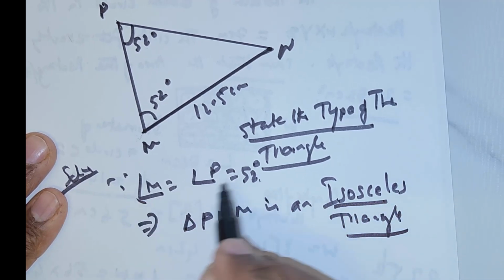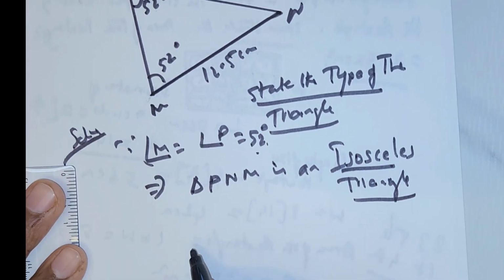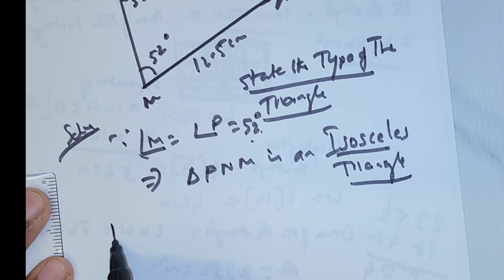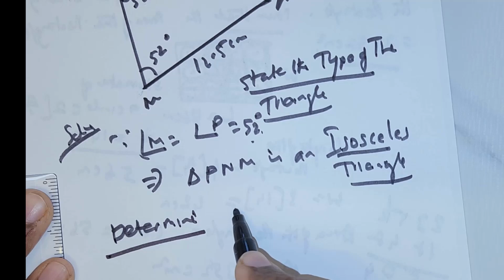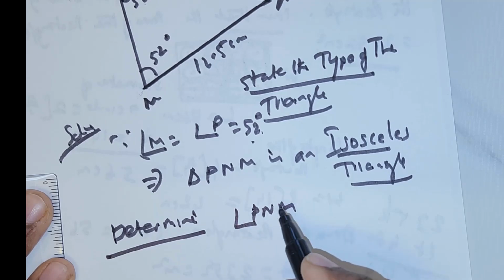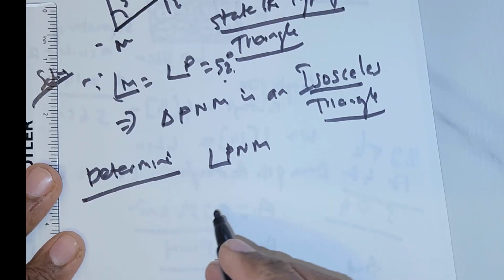Okay, so because two angles are the same, that's the reason it's isosceles. Next, they are asking us to determine the angle PNM. PNM, so they need this.